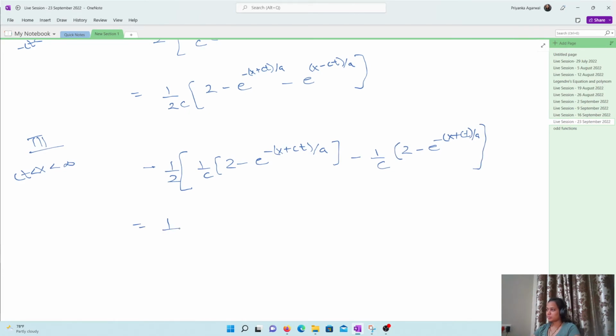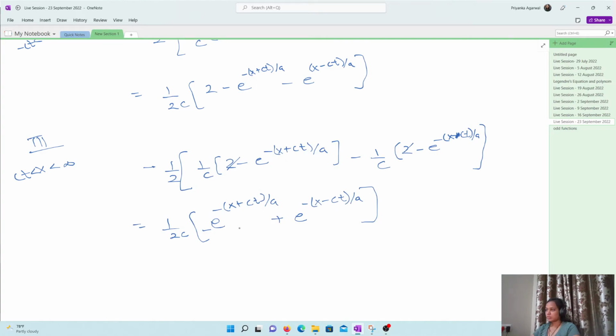So again this becomes 1 by 2c. This 2 and 2 cancel out, and what we are left with is e to the power minus x minus ct by a plus e to the power minus x plus ct over a.